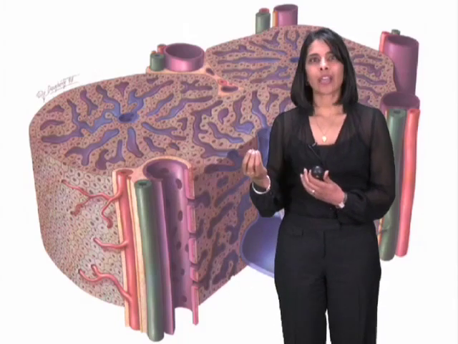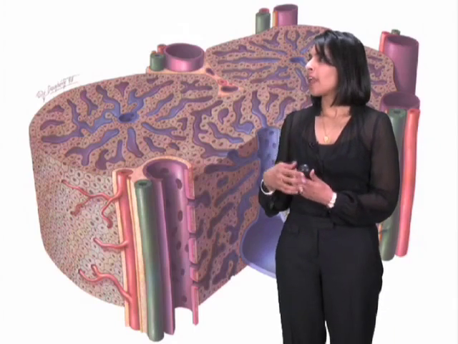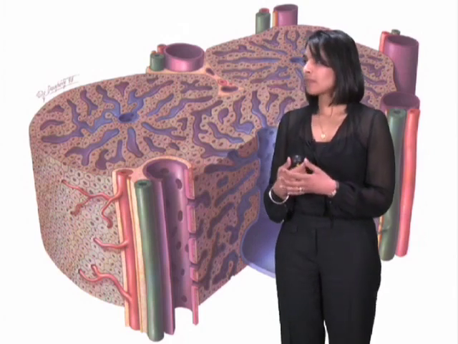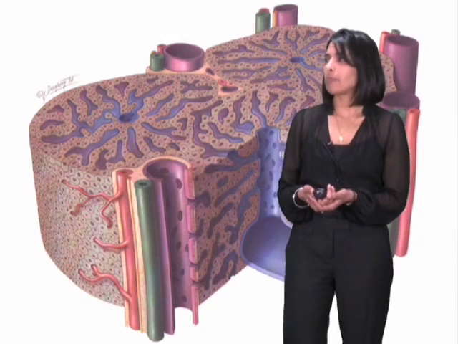So each hepatocyte is only 1 or 2 cell widths from the blood flow, and that provides them the ability to very efficiently process the blood, both to metabolize drugs and hormones in the body, as well as to produce secreted products for the bloodstream.